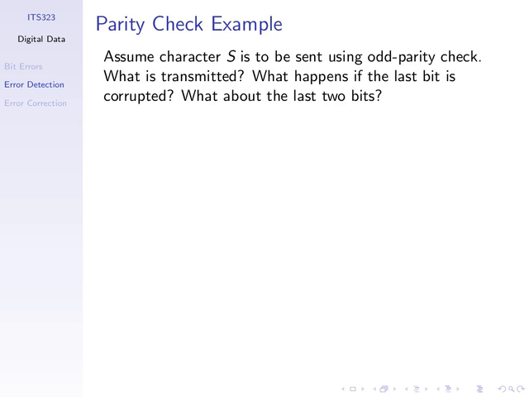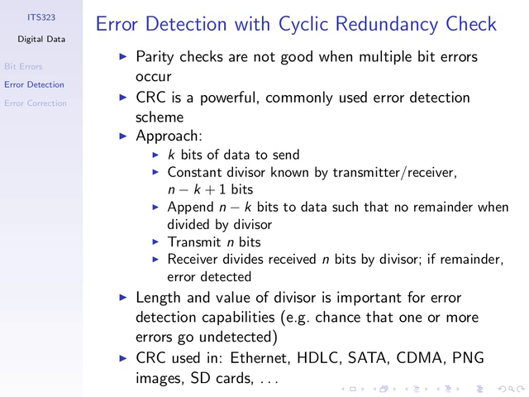Any questions? So all the receiver does is count the number of ones in the parity check. Error detection with parity check is not very successful because we saw if there were just 2 bits in error, it didn't work.